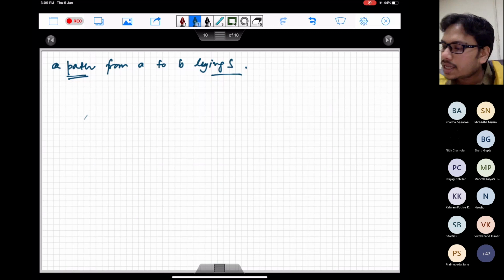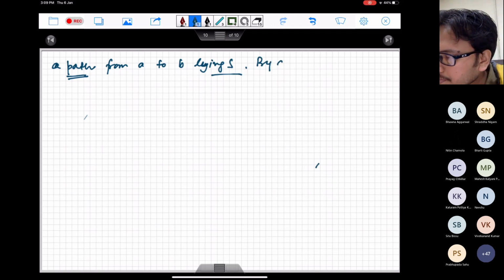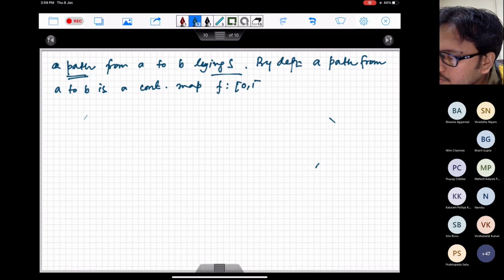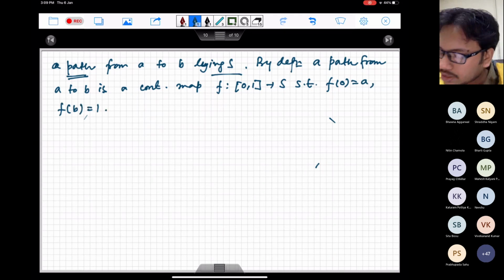So what is a path? By definition, a path from A to B is a continuous map f from the closed interval [0, 1] to S, such that f of 0 is equal to A and f of 1 is equal to B.